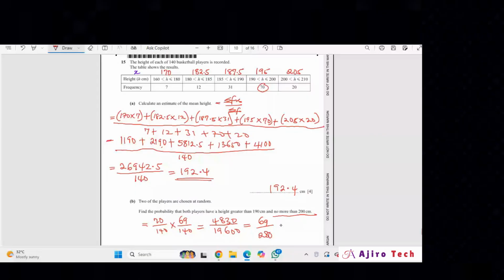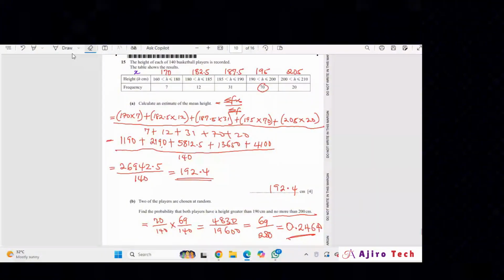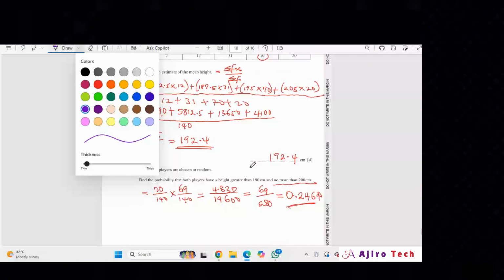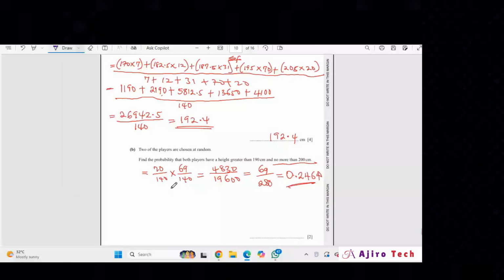You can even write it as a decimal. 69 divided by 280 will give you something like 0.2464. So that will give you the answer there. Whichever one you feel is best for you to leave your answer as, because they did not specify it. So that is for that.